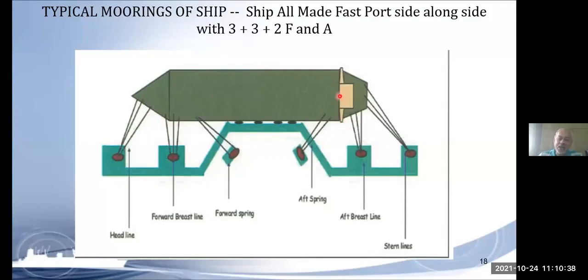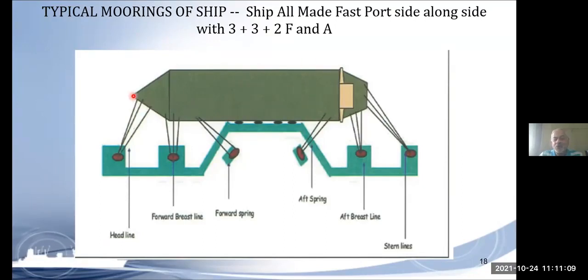Similarly, when you are standing on the ship facing forward, the right hand side of the ship is called the starboard side, and the left hand side is called the port side. The ship is divided equally into two parts, port side and starboard side.